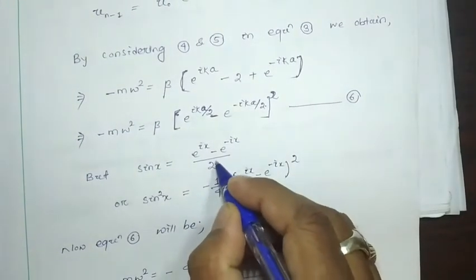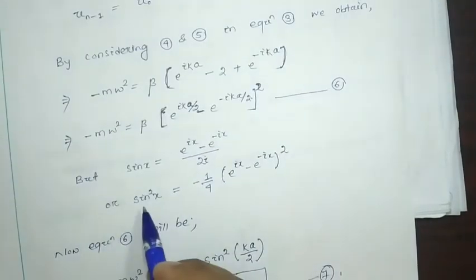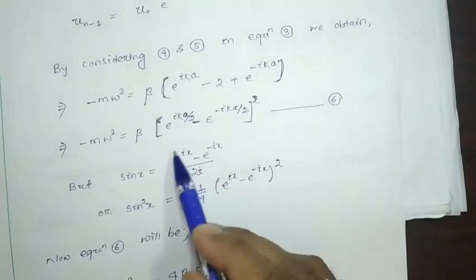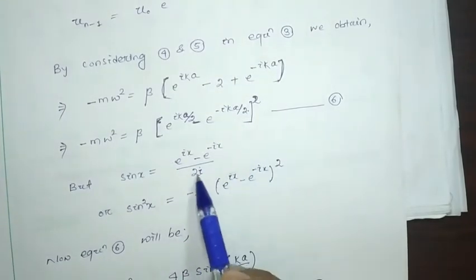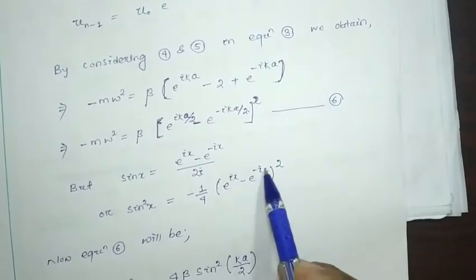Here I mistakenly did not write 2i. So that implies sin square x, obviously it will be squared and i square will be minus 1, so it will be 1 by 4 (e to the power ix minus e to the power minus ix) whole square.